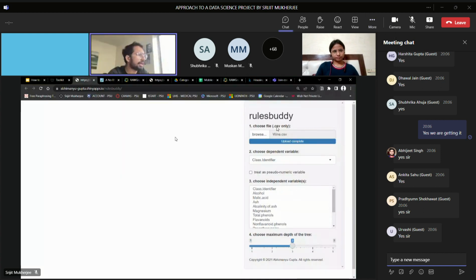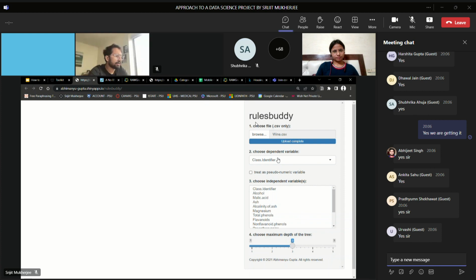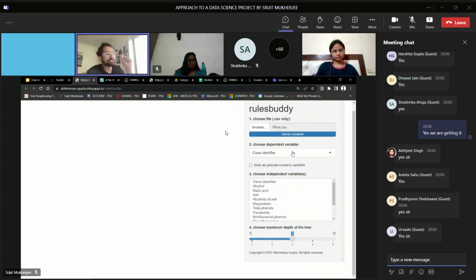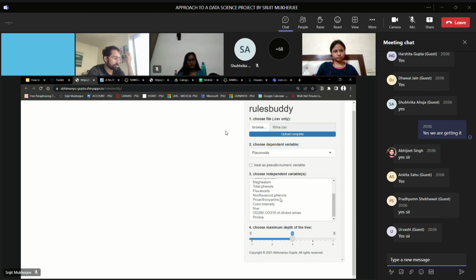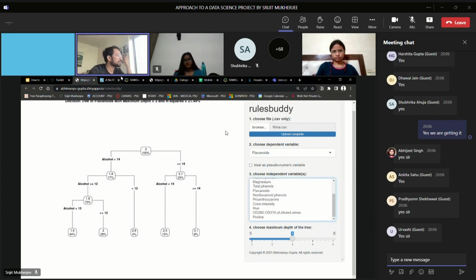Okay, so observe that here it's a wine data set, so you don't know the class identifier. Here you're trying to understand the bivariate behavior. So let's take the x-axis to be flavonoids, and the y-axis to be, let's say, alcohol.